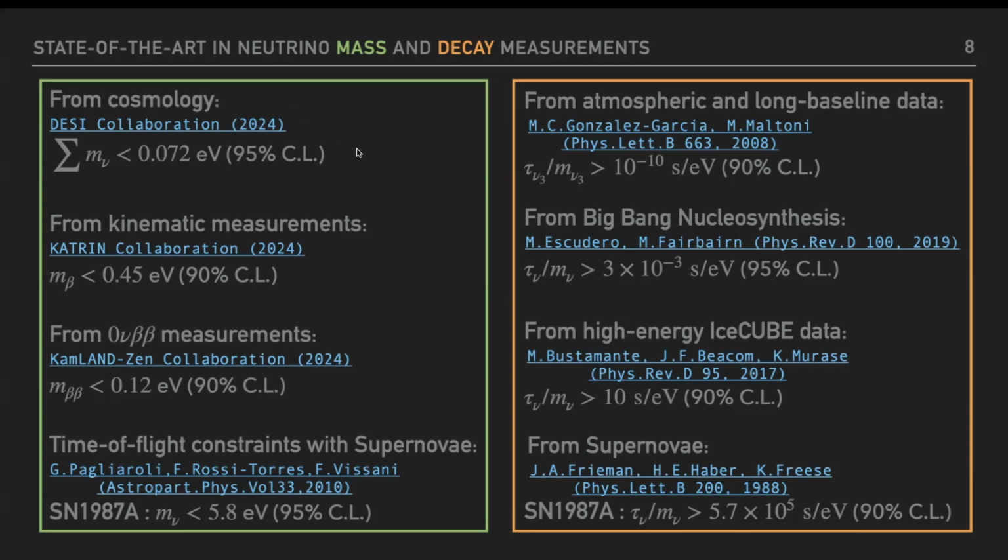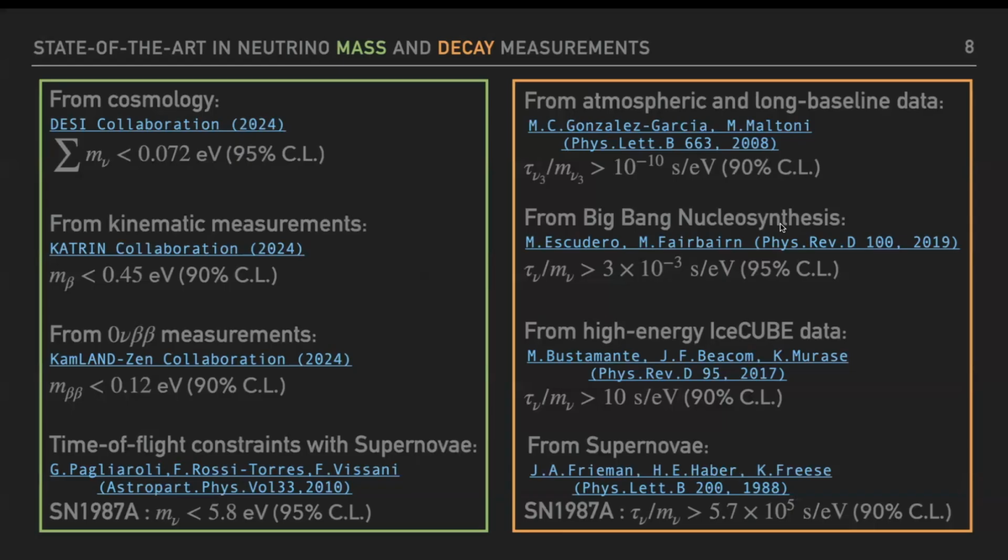For example, regarding neutrino masses, we have bounds from cosmology, and bounds from direct kinematic measurements, like the recent one of KATRIN. We also have constraints coming from neutrinoless double beta decay measurements, in particular through the effective Majorana mass parameter, which is directly related to the absolute mass scale and also to the mass ordering. Finally, also the supernova observation, the only one that we have had so far, exploited time of flight measurements.